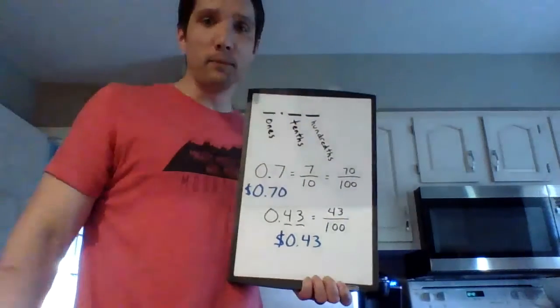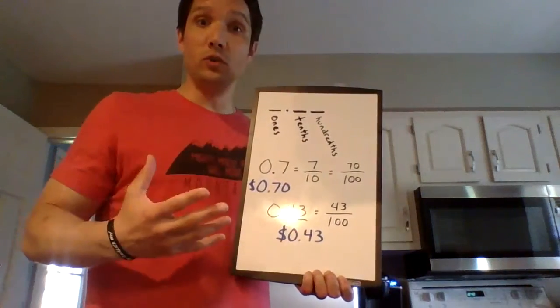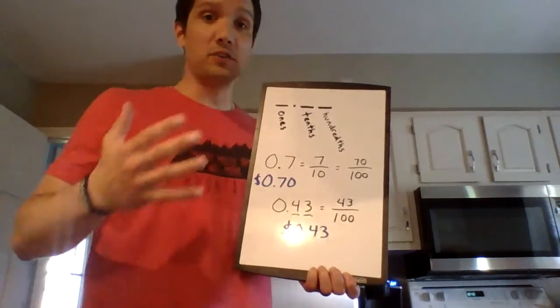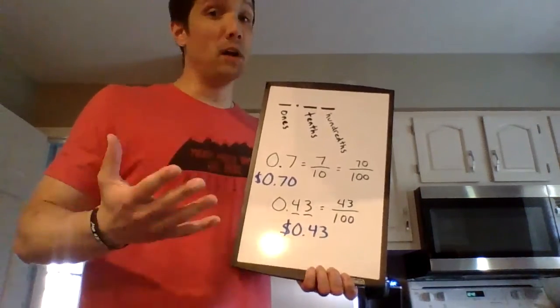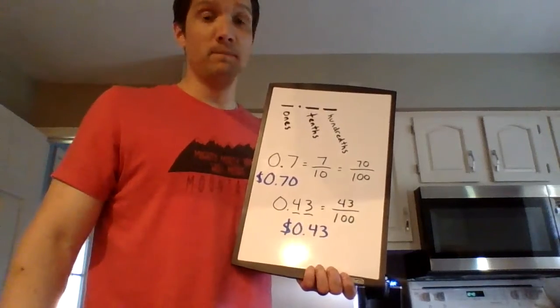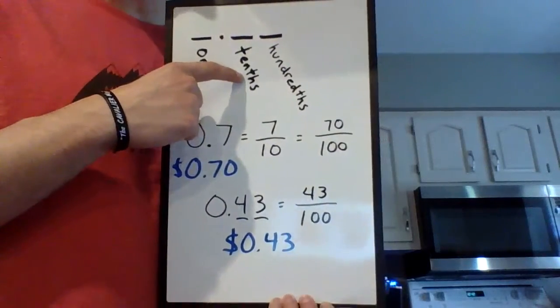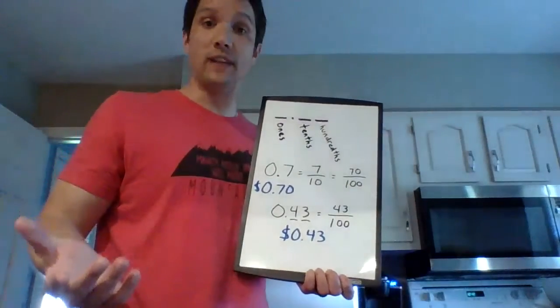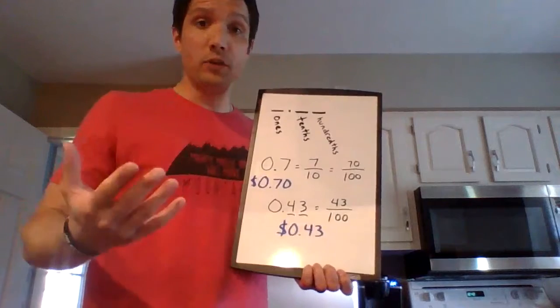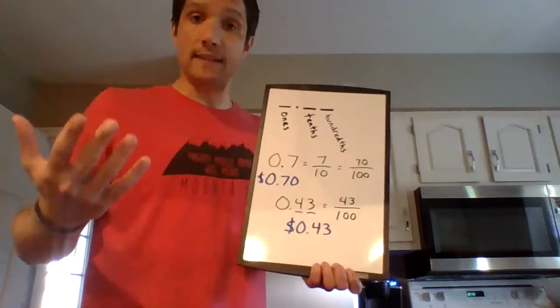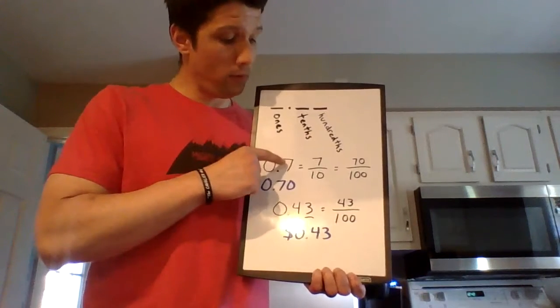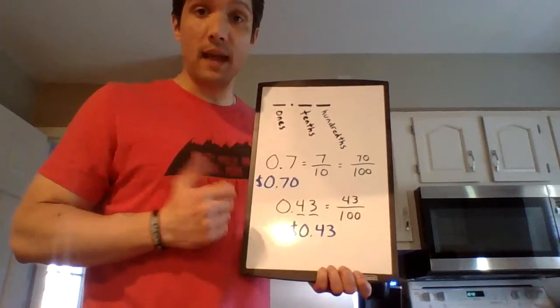If you remember back in class, what we used to relate fractions and decimals was money, because lots of students know about money. When we talk about the tenths place, we compared tenths to dimes. Everybody knows that a dime is worth 10 cents. So what would 7 dimes have a value of?